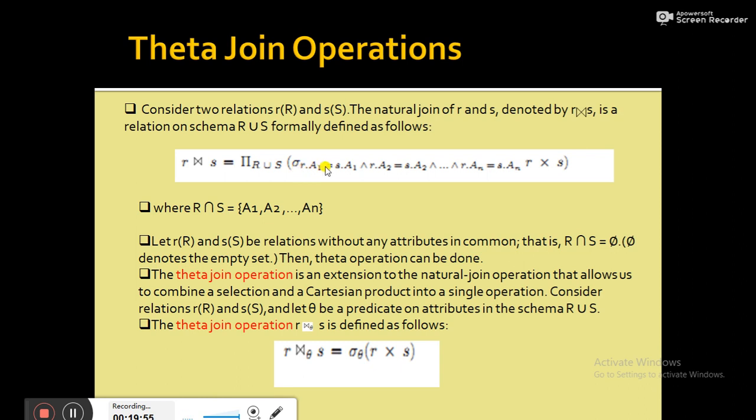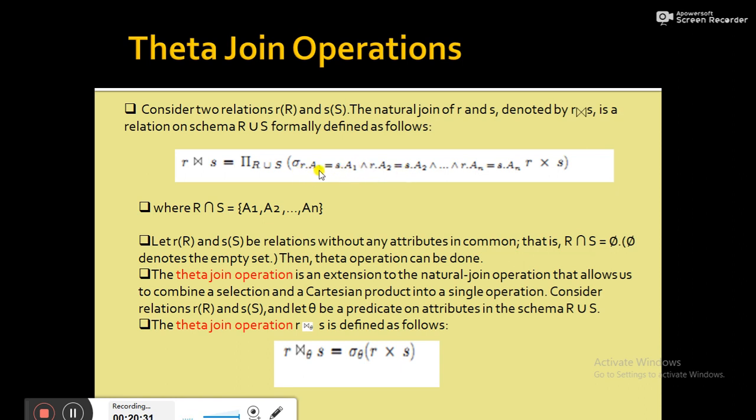It will perform the selection operation based on equality, means the equal sign will be there, only on those attributes which appear in both relations, means the common attributes. So R dot a1 equal to S dot a1, that means a1 is the common attribute in relations R and S. If the relations R and S have multiple common attributes, suppose a1, a2, a3, up to an, then we need to check their equality for all those attributes.